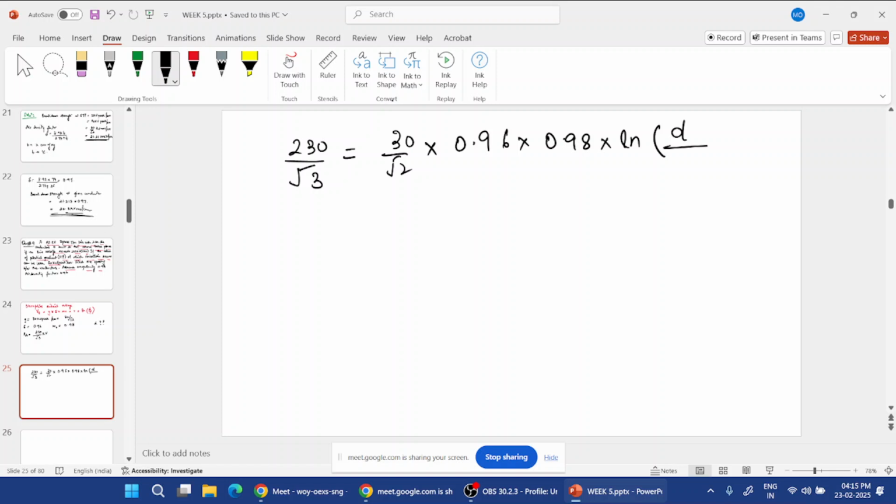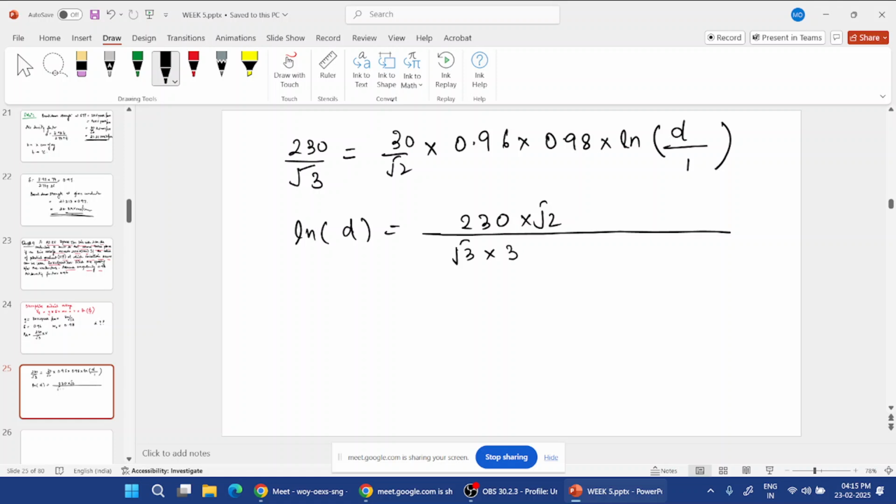If we solve it, log D will come out to be 230 into root 2 divided by root 3 into 30 into 0.96 into 0.98.